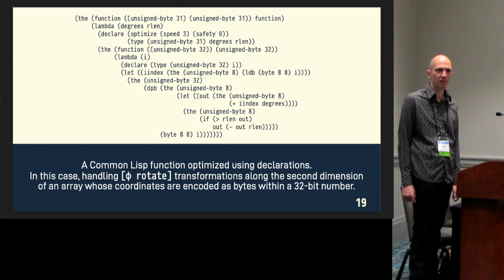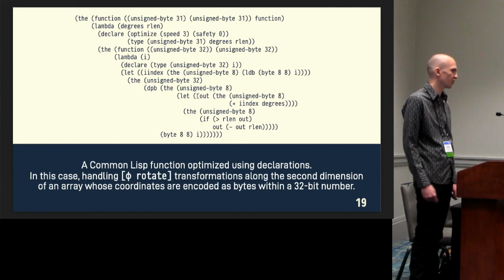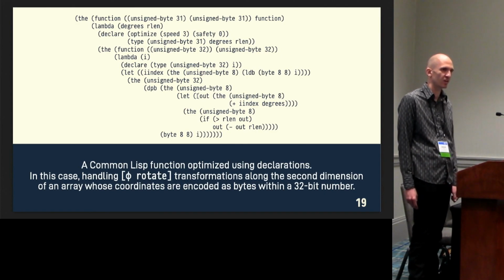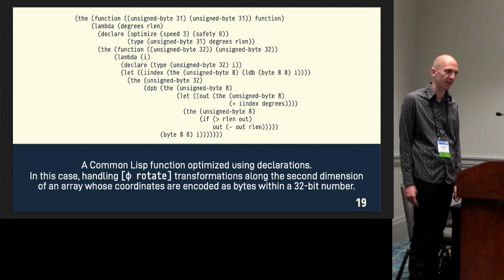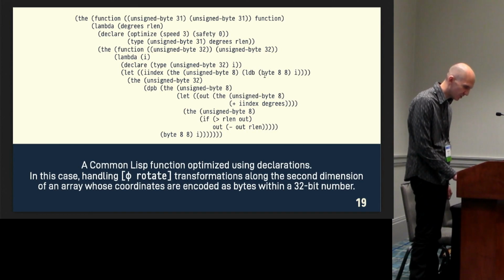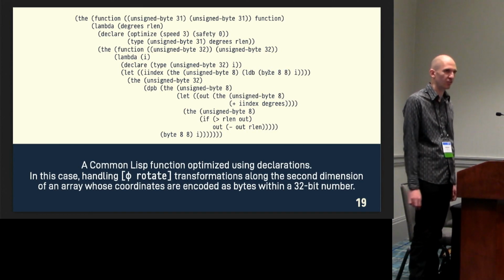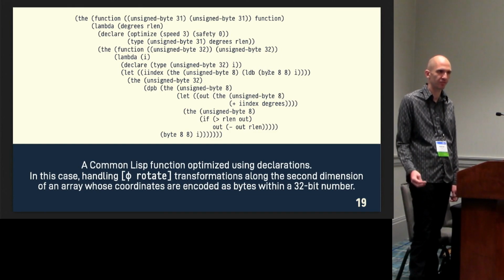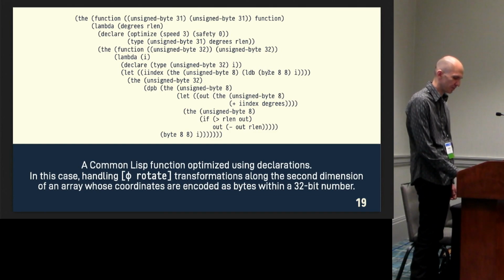So using Common Lisp macros, I was able to exhaustively generate a set of functions for all the currently supportable array ranks, shapes, and so on. In this case, see this byte 88? That's me addressing the second byte, 8 bits, offset 8 bits from the beginning of the integer.